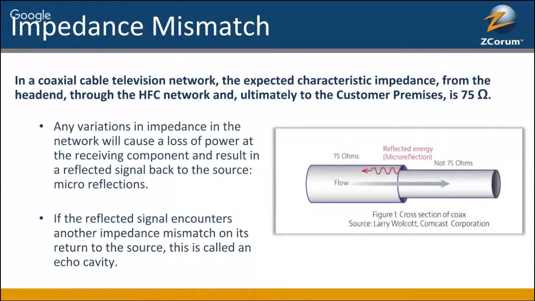What I want you to take away from this figure is that there's a flow of information or signal from left to right, where there is a 75 ohm environment hitting another cable segment that just simply is not 75 ohms. The fact that there is dissimilar characteristic impedance will cause a microreflection.